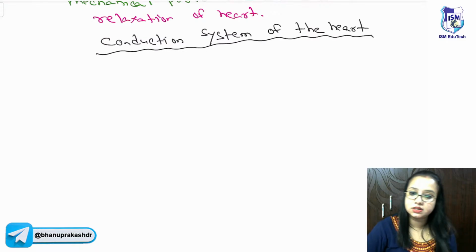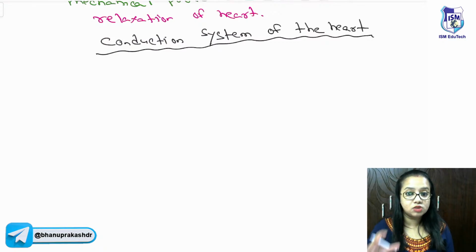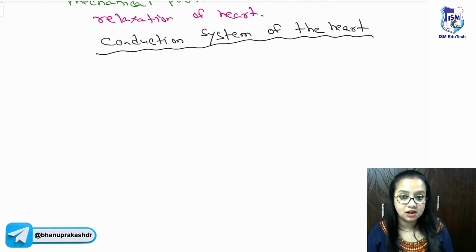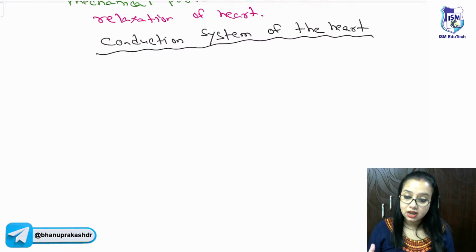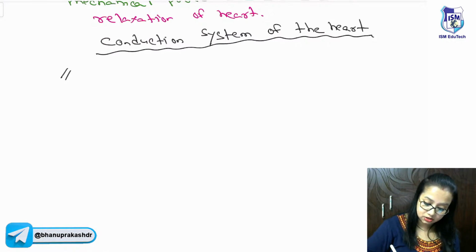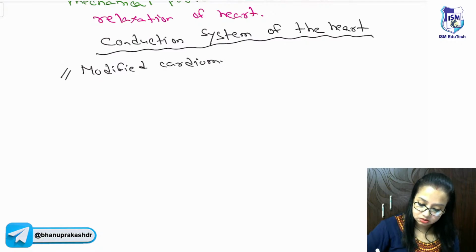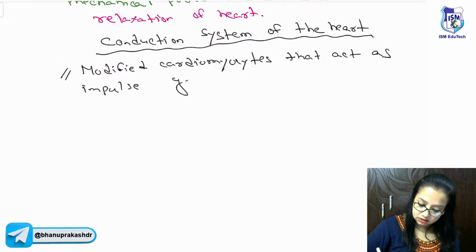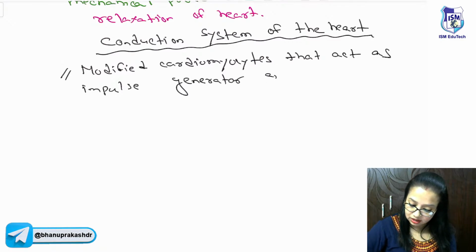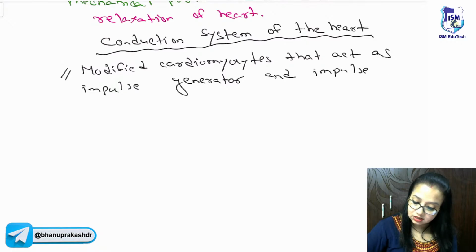Now, the heart is made up of a muscle which we call cardiac muscle. All these structures which are present within the heart and are capable of generating impulse and also conducting the impulse are modified cardiomyocytes that act as impulse generator and impulse conductor.